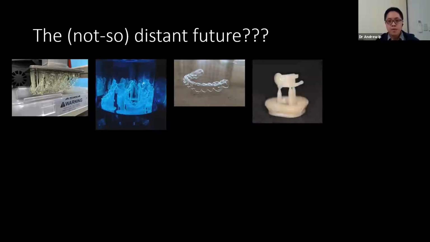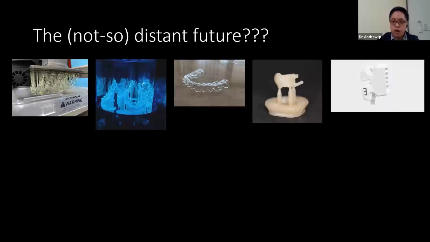Okay. Soon we'll be printing our own brackets. So there's software out there that will now, you can position your brackets and then you can print them. Yeah, so that's new, and it will probably happen in the not so distant future.